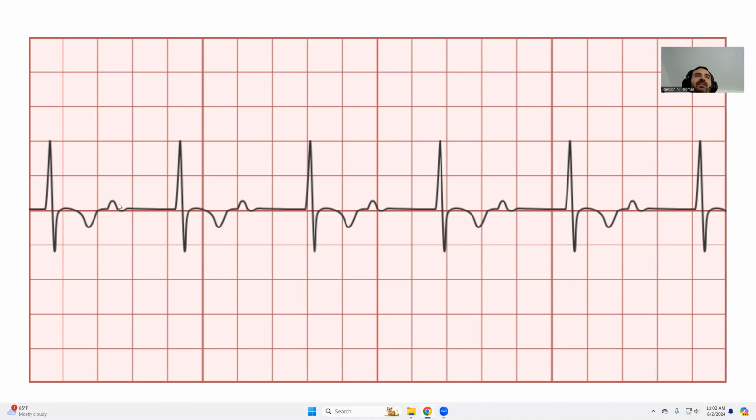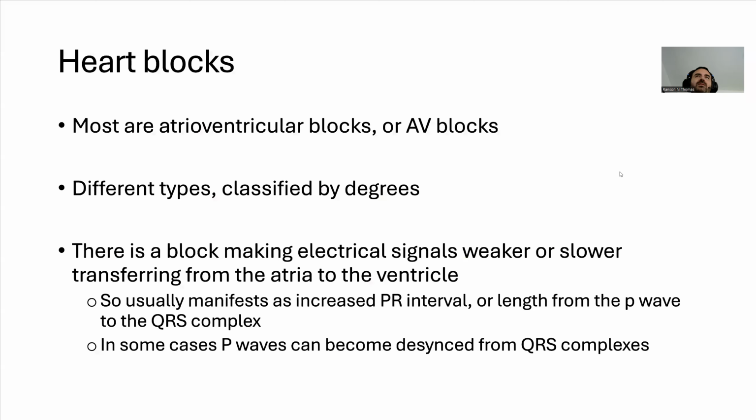So we have the P wave, the atria beat, but then it takes too long for the QRS to fire. So again, there's different types of heart blocks. What I just said about it being between the SA and the AV node, that's not always the case.